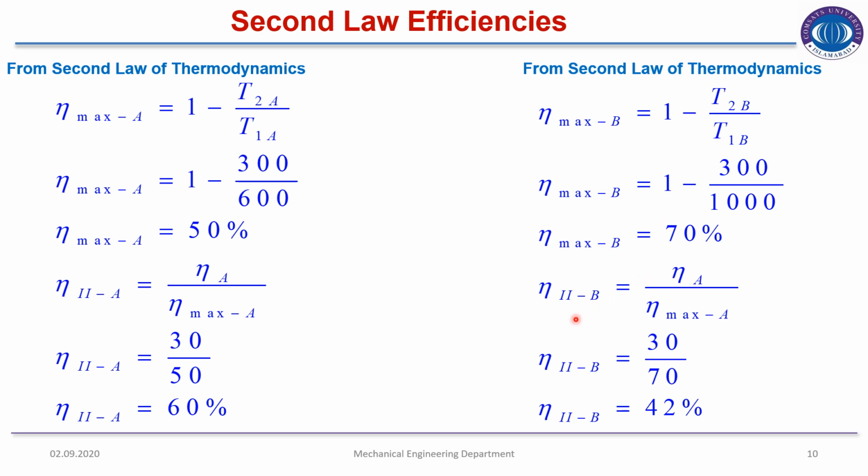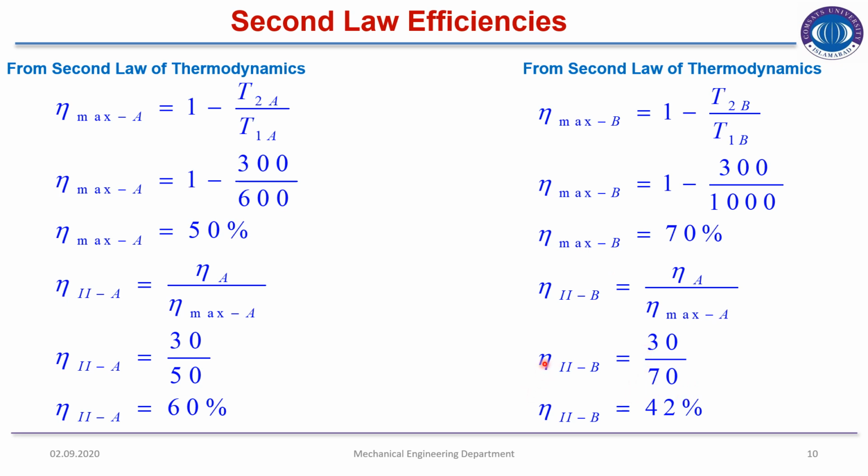Now to calculate the second law efficiency for heat engine B, we have the relation: efficiency of B divided by maximum efficiency of B. So 30% is the thermal efficiency that we have calculated according to the first law of thermodynamics, and 70% is the efficiency that we have calculated according to the second law of thermodynamics, considering that heat engine B is a reversible heat engine.